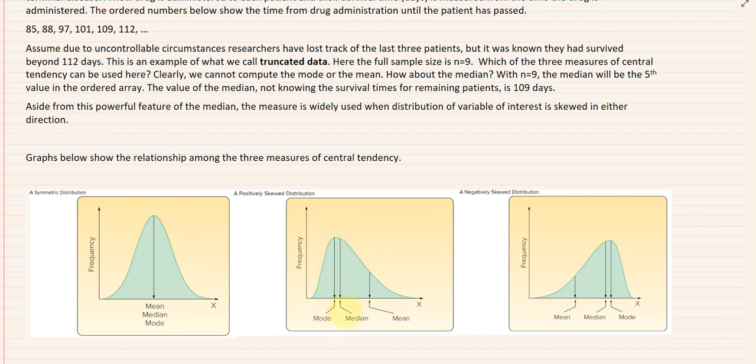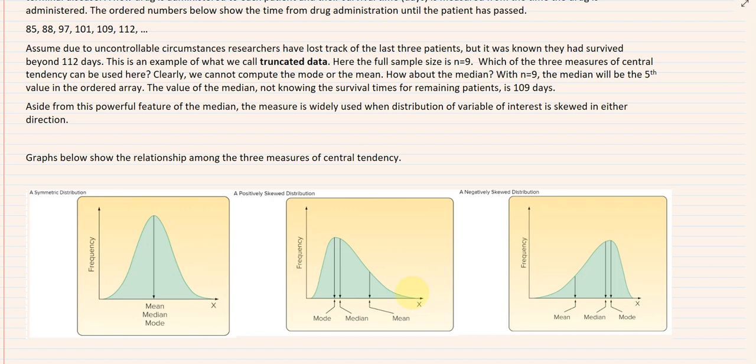The next value next to that would be the median. Next to that would be the mean. So this is how they line up. The median lies between the mode and the mean. And the reason the mean is so far away from the other two is its sensitivity to extreme values; the tail end of the distribution gravitates the mean towards itself.